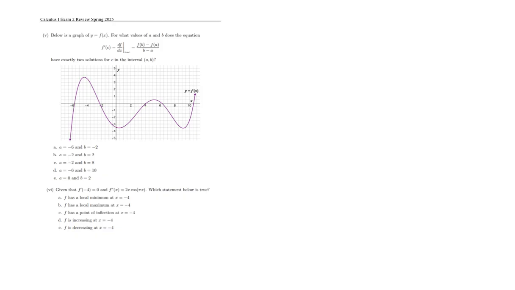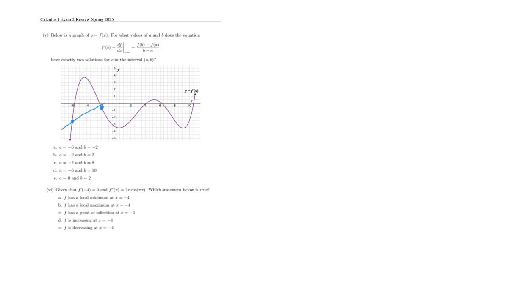Okay, for the next one, I'm given a graph and it asks for what values a and b that equation has 2 solutions for some c in the interval ab. Let's just check each interval. From -6 to -2, when x is -6, we're here, and at -2, it's here.